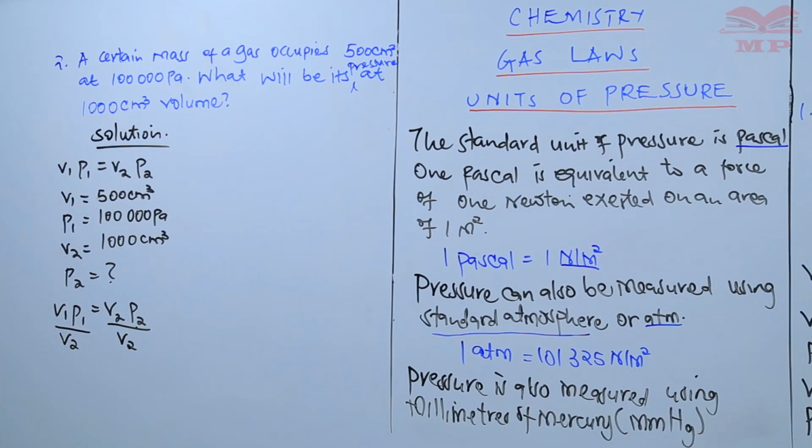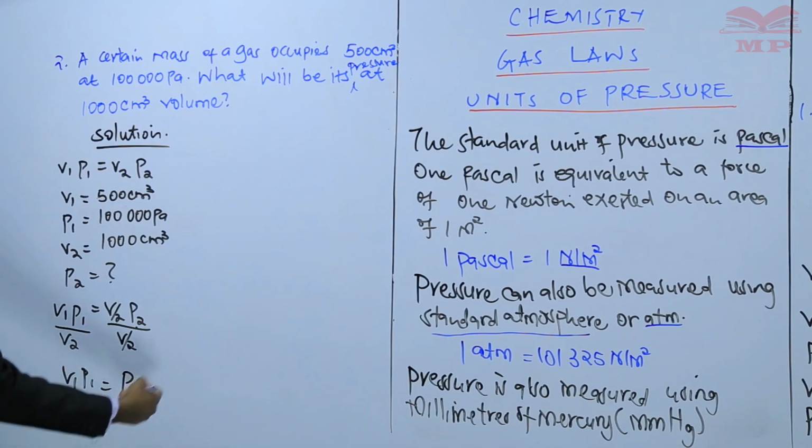Divide both sides by V2, then this V2 will cancel out, and you will be left with V1 P1 divided by V2 is equal to P2, and P2 is now what we are calculating from our question.